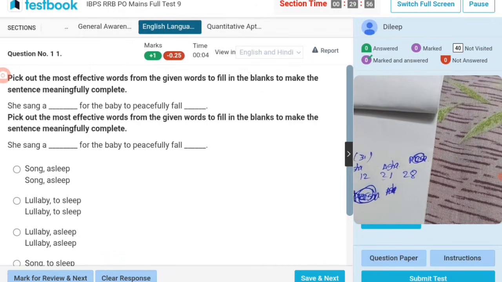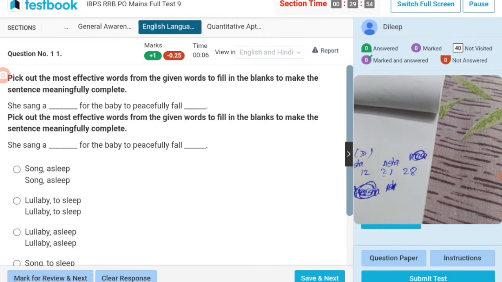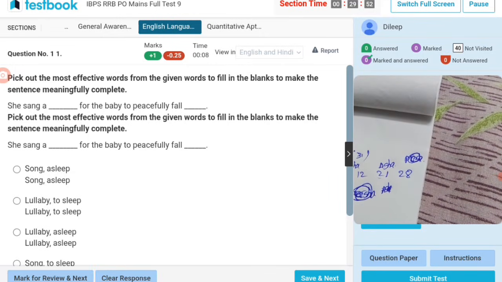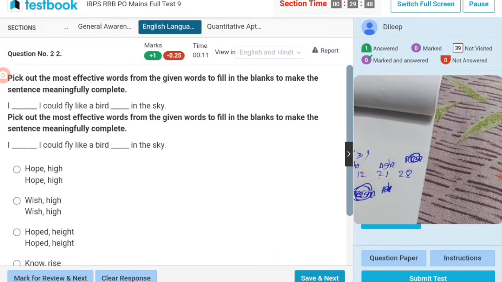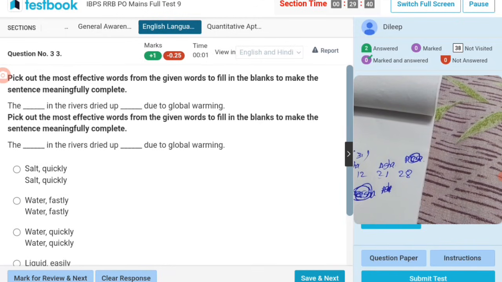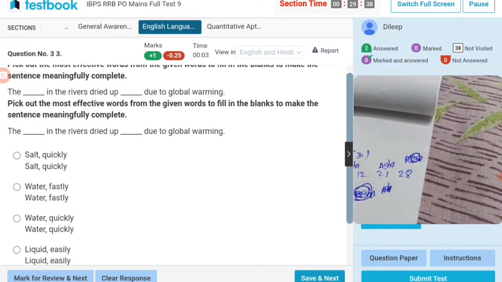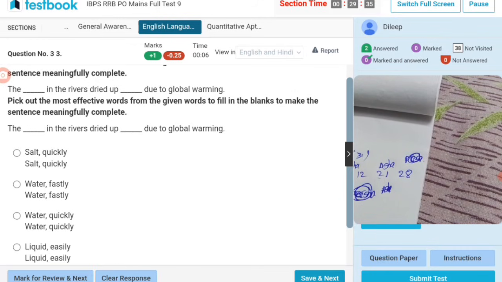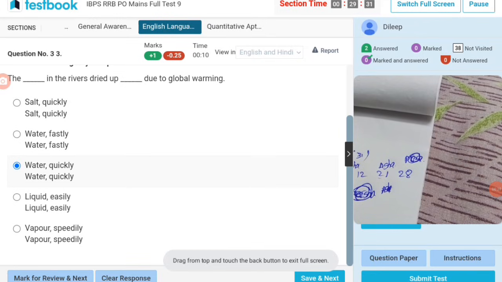She sang a dash for the baby to peacefully fall asleep. A song for the baby while asleep. I dash, I could fly like a bird. I wish the sky. The dash in the river dried up quickly due to global warming.